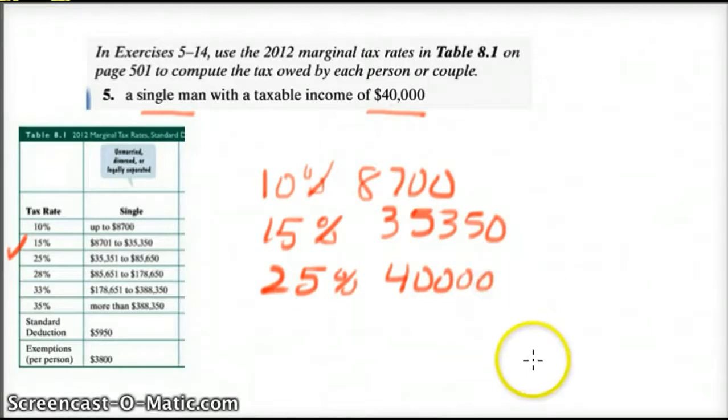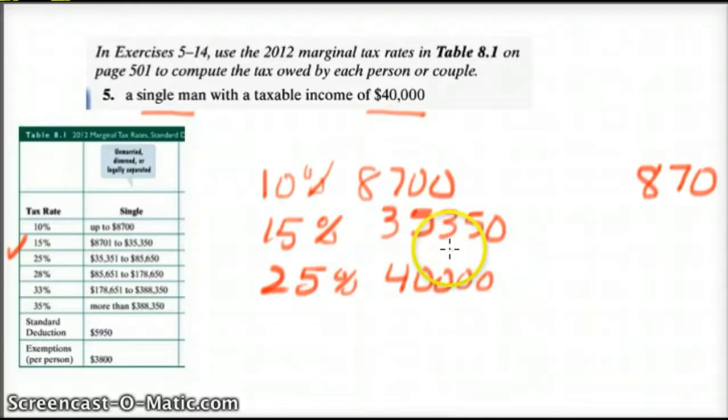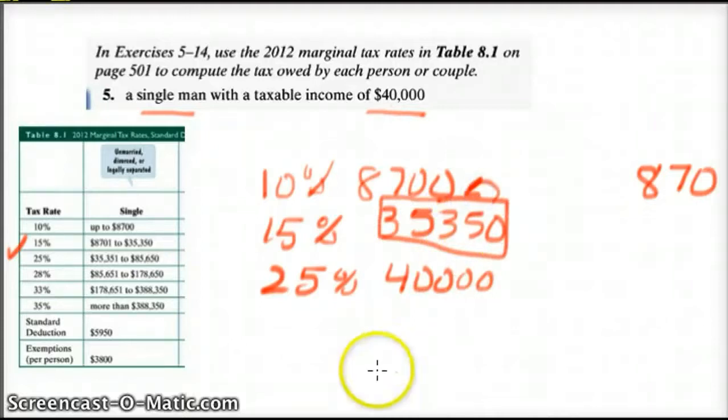Okay, now we have to be careful in this first part. We're going to take 10% of 8,700 and get 870. But in the 15%, we're just going to take the difference between the 35,350 and the 8,700, which we did in class. 35,350 minus 8,700, and that number is 26,650.